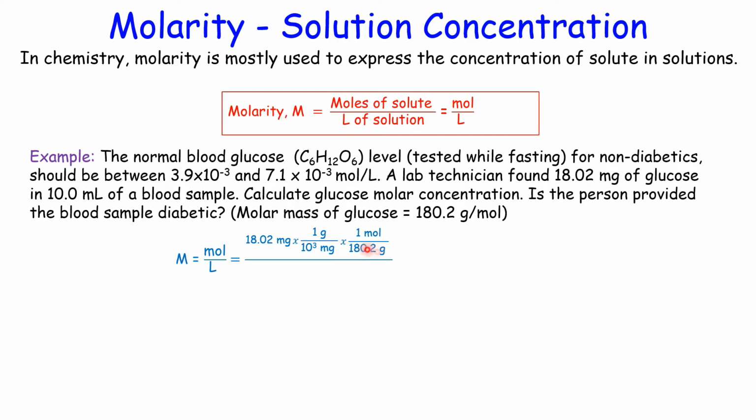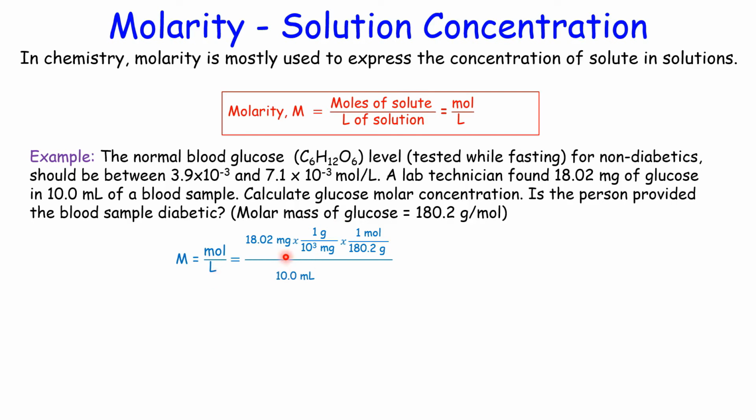Then from grams to moles, using the molar mass. The molar mass for glucose is 180.2 grams. Now, grams are cancelled. We should just have mole as the unit for the numerator, the one on top. Then on the bottom, we need liters.